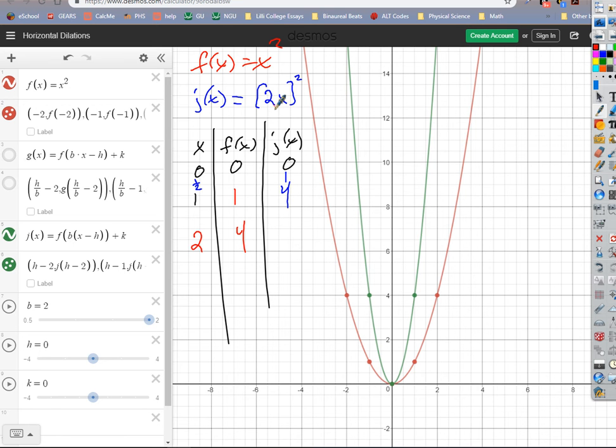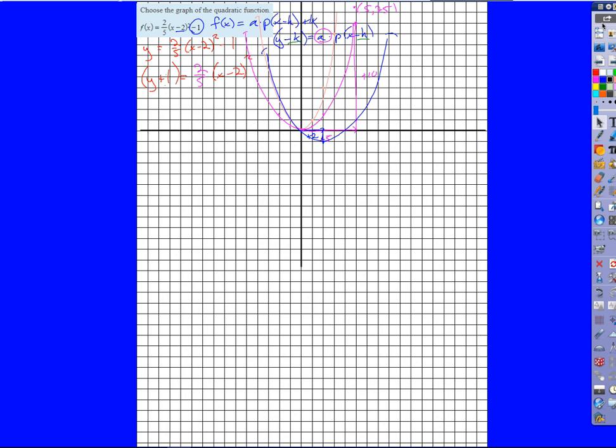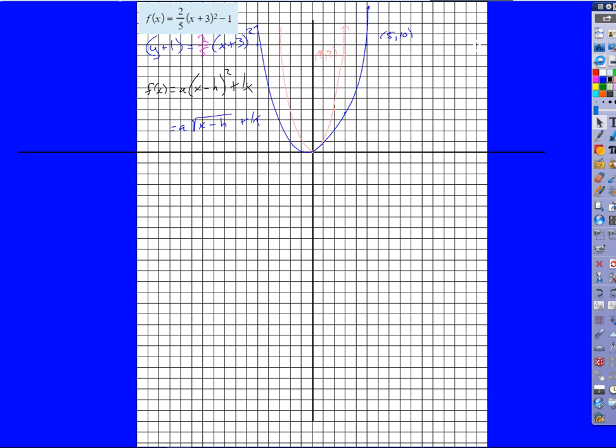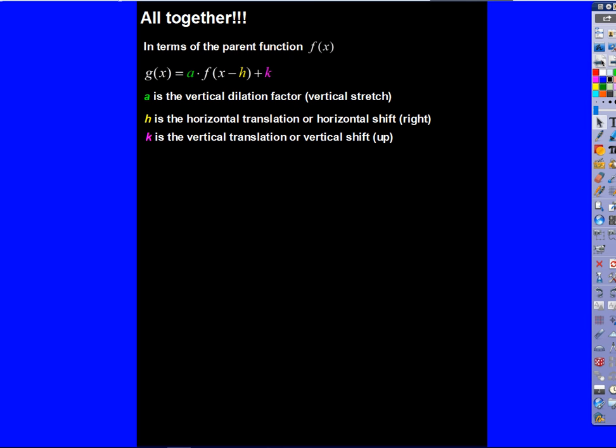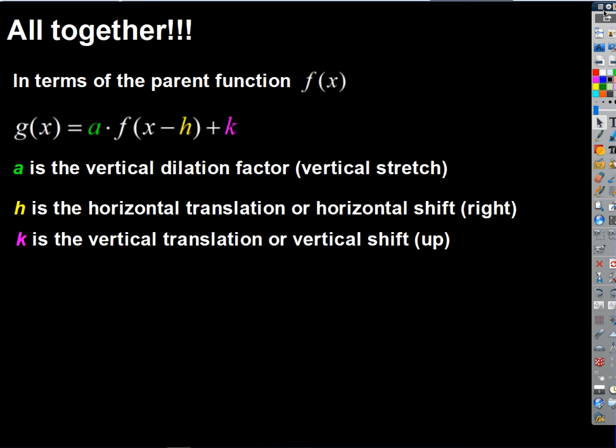Now, we saw the same thing with translations, though, didn't we? Right? When you first look at translations, people probably would have said, well, if you want to shift this thing to the right, wouldn't you just add a value?